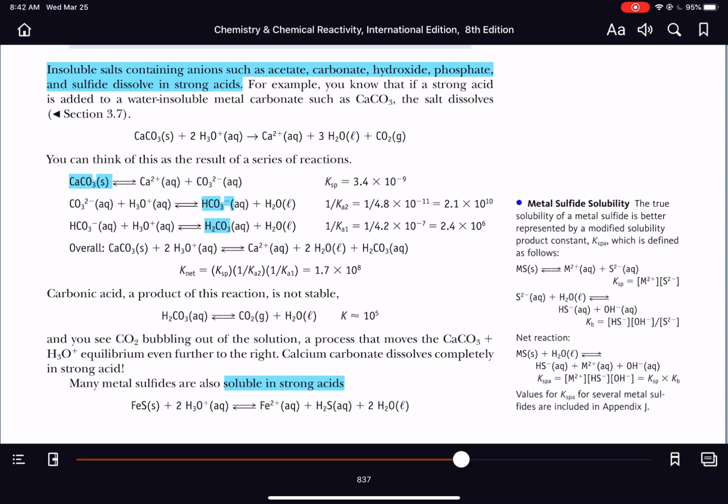When we put all 3 of these steps together, we have to multiply those K values to get the overall or net K value, and you can see it's quite high, 1.7 times 10 to the 8th. In other words, we've made the solubility of calcium carbonate very, very, very likely. We've gone from a billionth all the way up to 100,000.